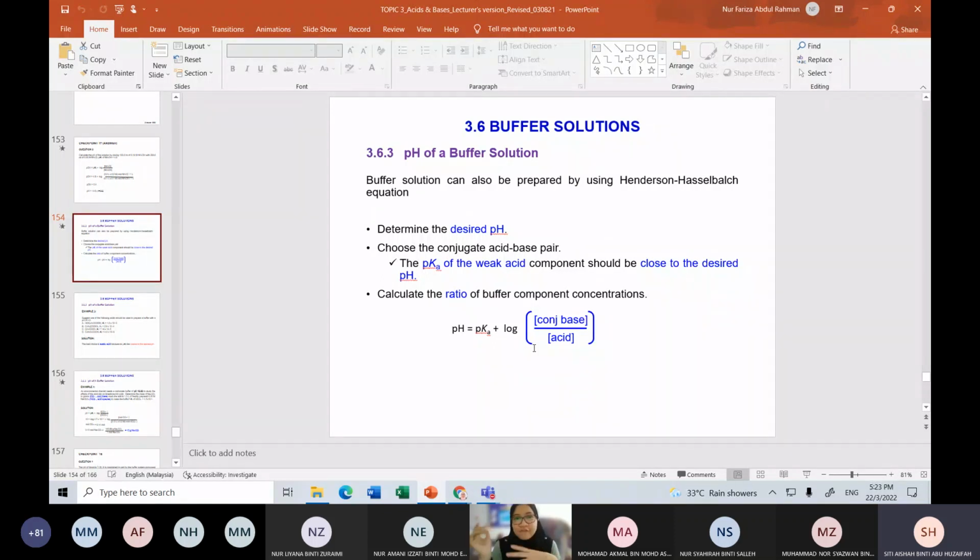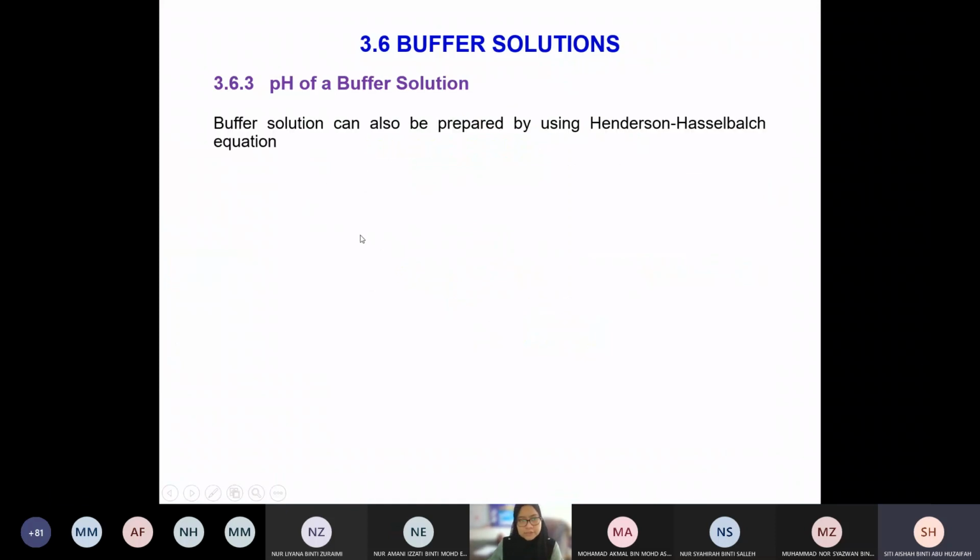Okay. pH of a buffer solution. Buffer solution can also be prepared by using Henderson-Hasselbalch equation. So first, let's say lah, you decide to prepare a buffer. You may use the Henderson-Hasselbalch as your reference.